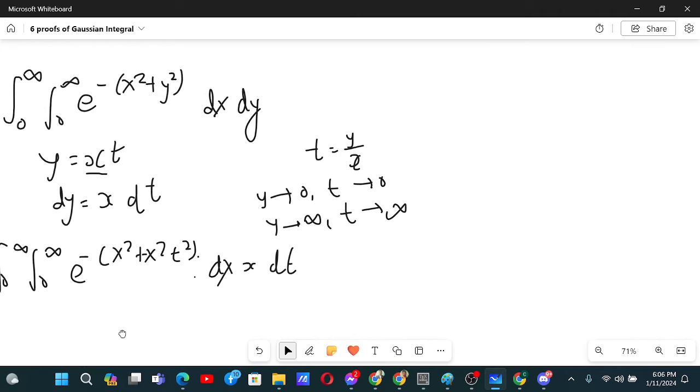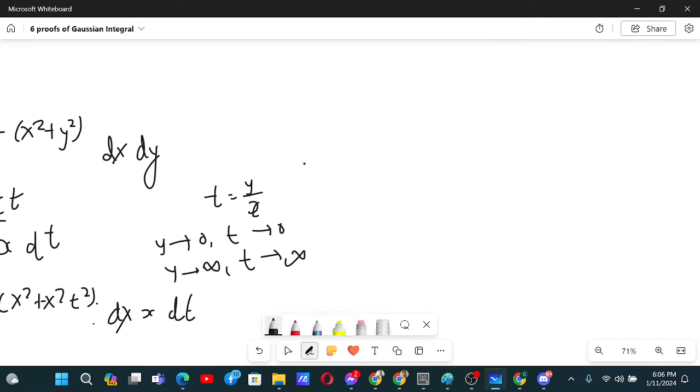Now let's continue it over here. We had integral from 0 to infinity, integral from 0 to infinity of e to the power minus x square 1 plus t square, and then x, we can write that inside, and since these are just constants, we can make it dx dt.